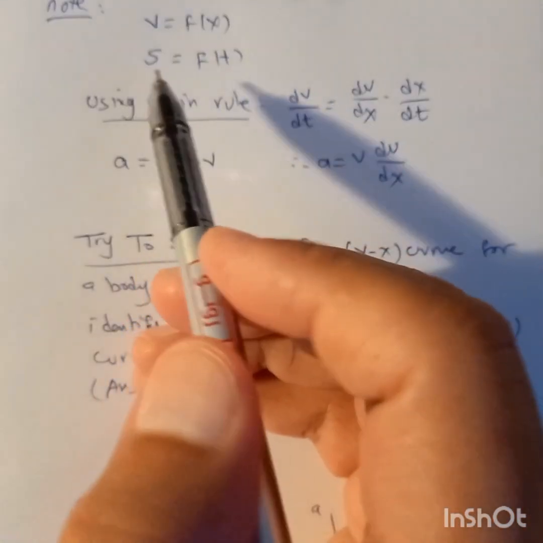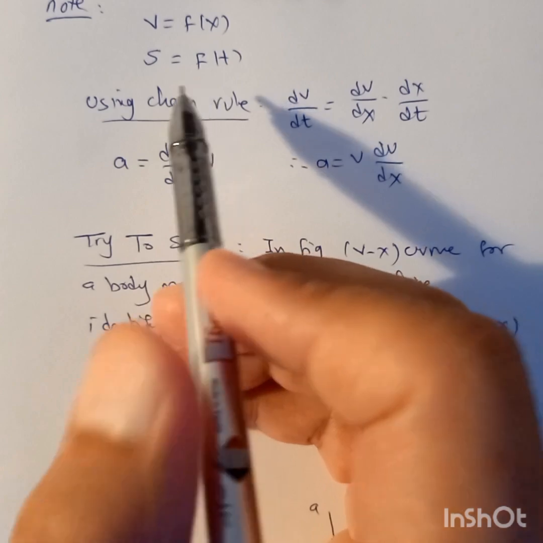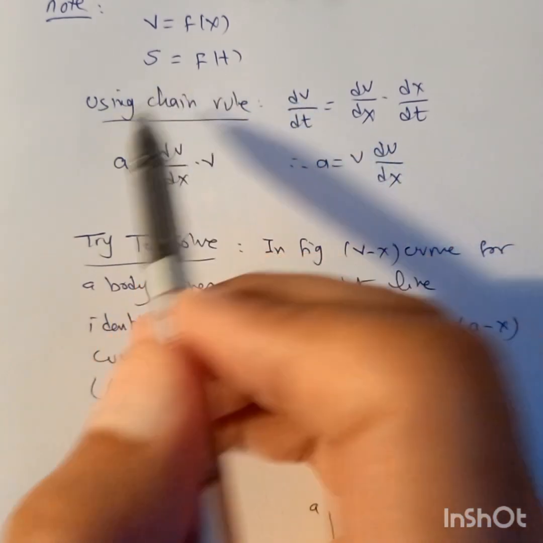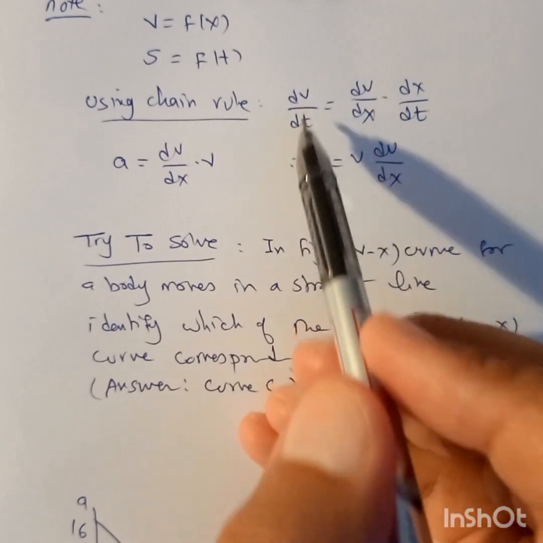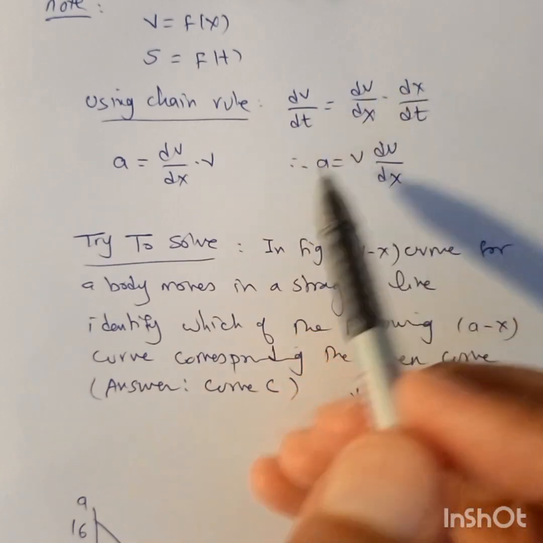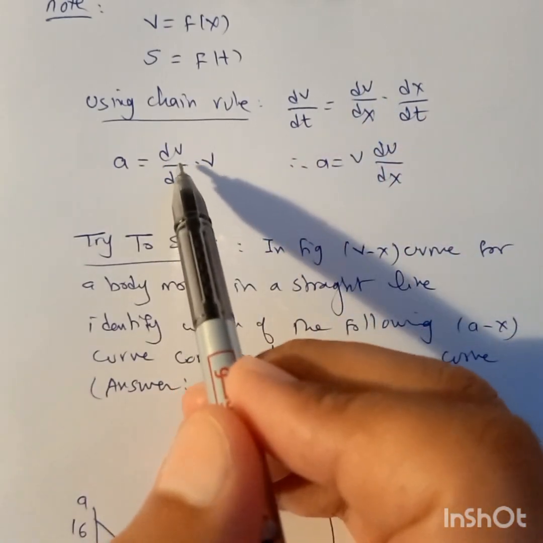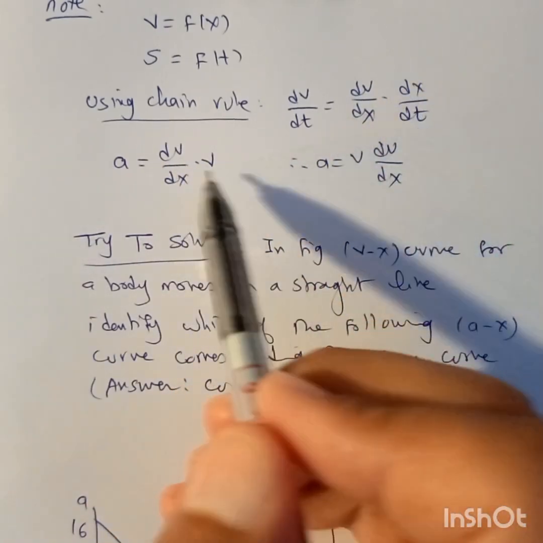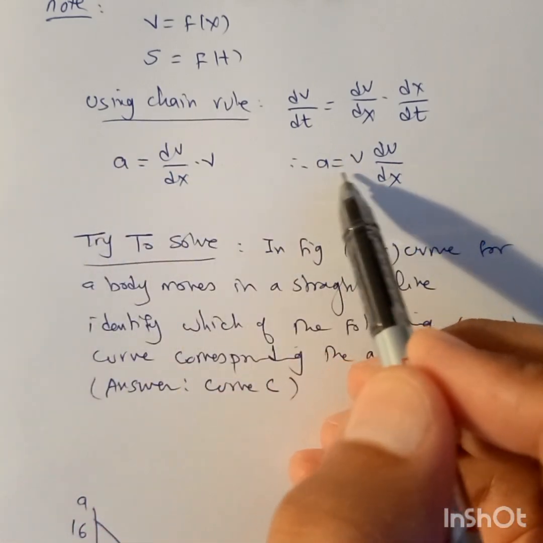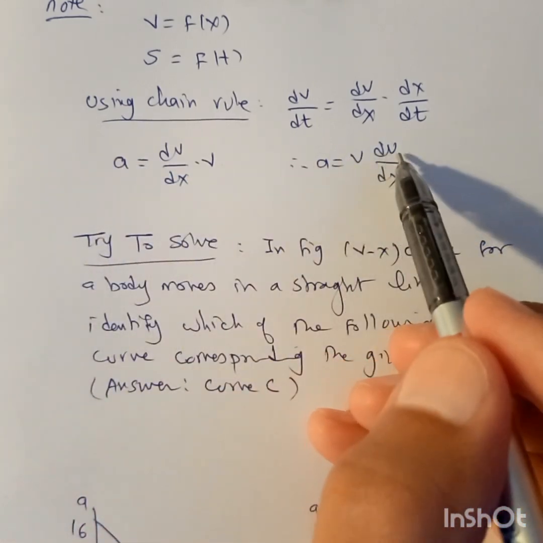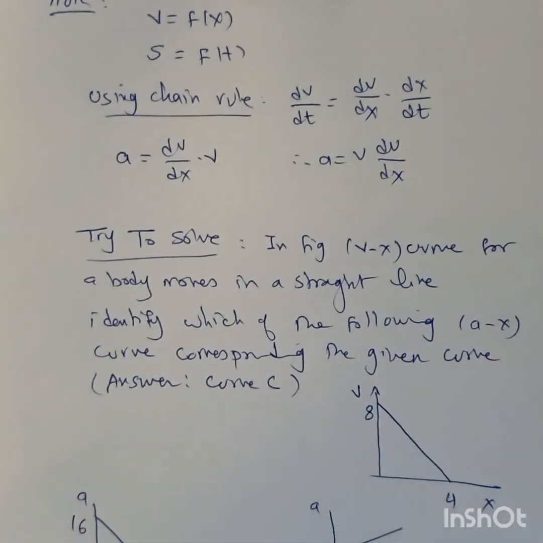You have to notice that if we have velocity as a function of displacement and displacement as a function of time, we can use the chain rule to find dv/dt as dv/dx times dx/dt. dv/dt equals a, and dx/dt is velocity, then acceleration equals velocity times dv/dx, the derivative of the velocity with respect to displacement.